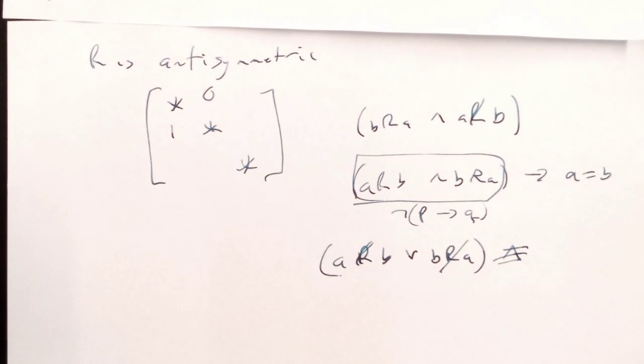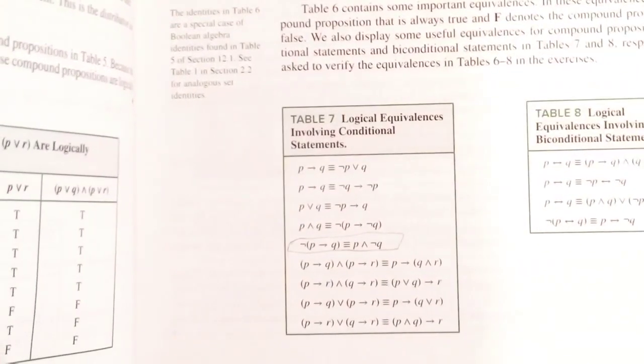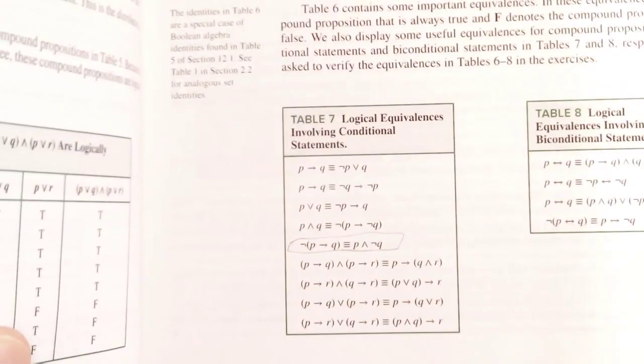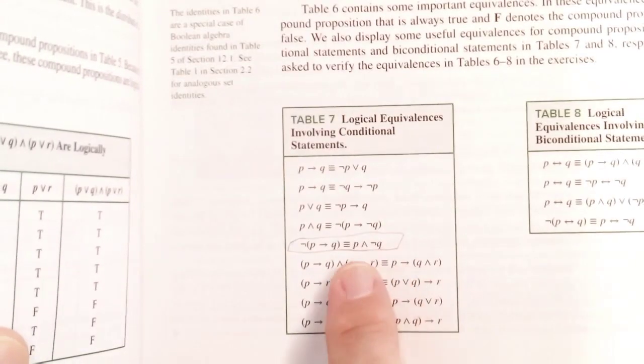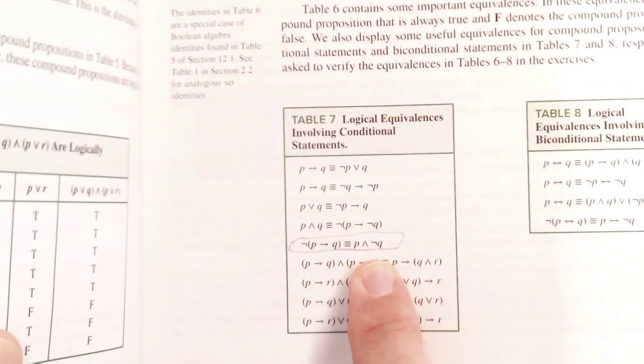When in doubt, let's go look at page 27. I apologize, it's not page 27, it's page 29. I even circled it. P and not Q, right?